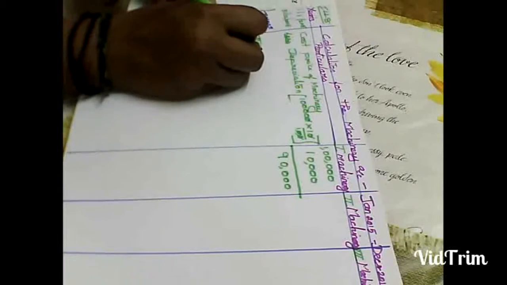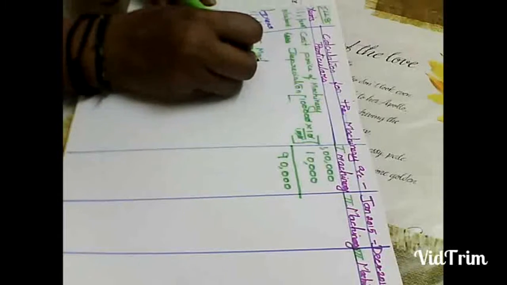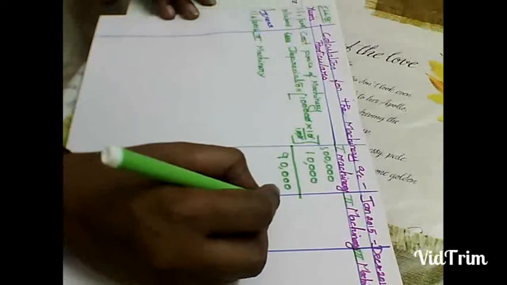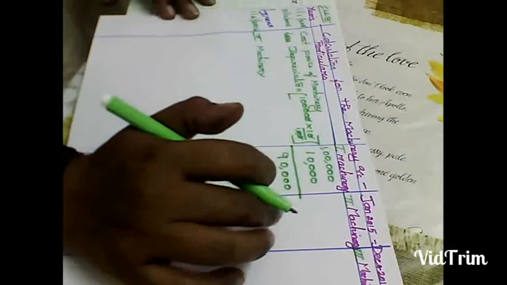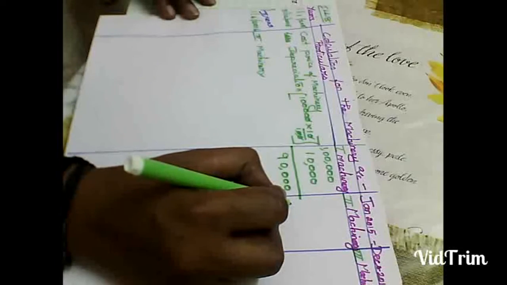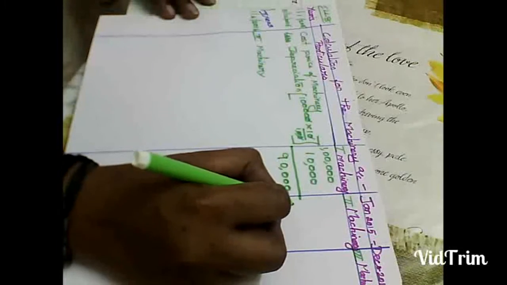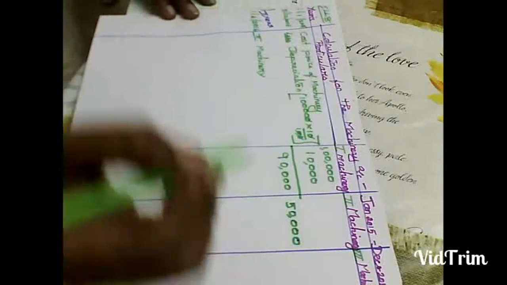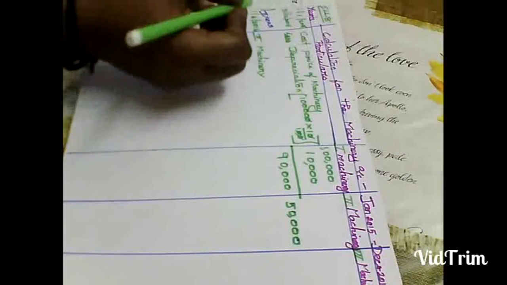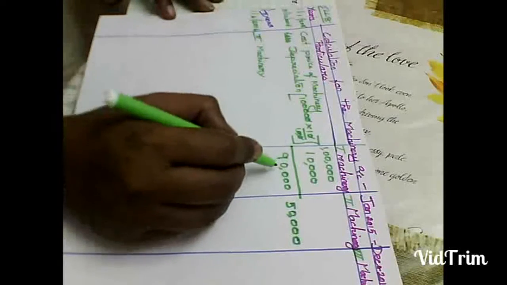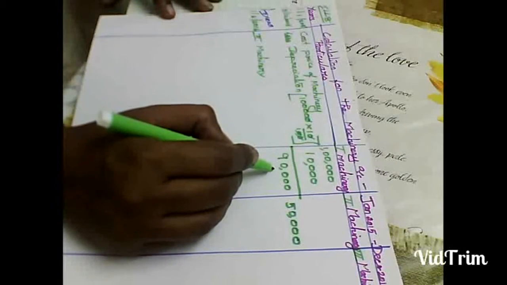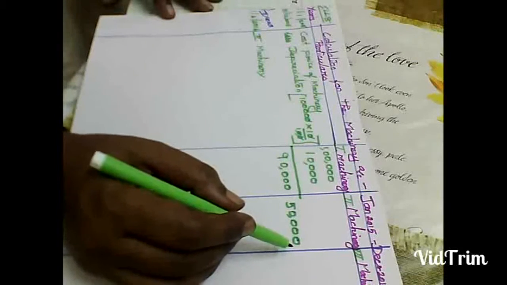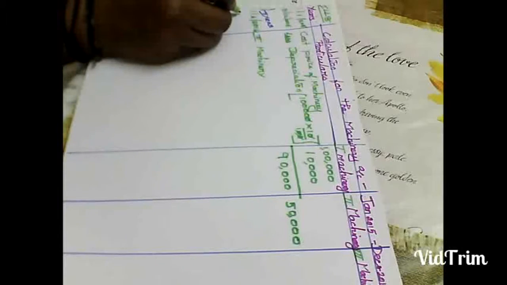This is the second machinery he is purchasing. So first machinery, second machinery, I am entering here. The value is 50,000. He already had the first machinery, whose book value is 90,000, and the new machinery costing 50,000 he purchased.